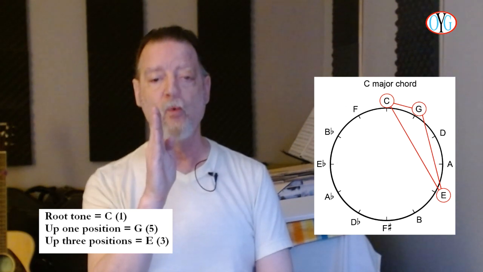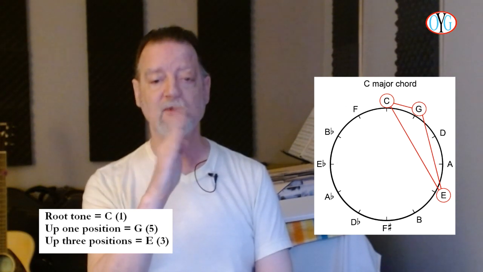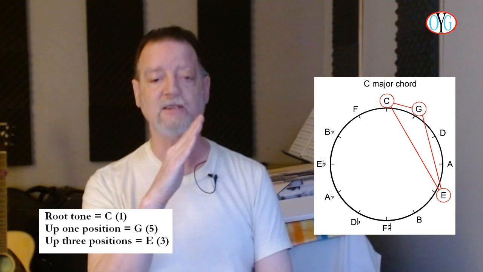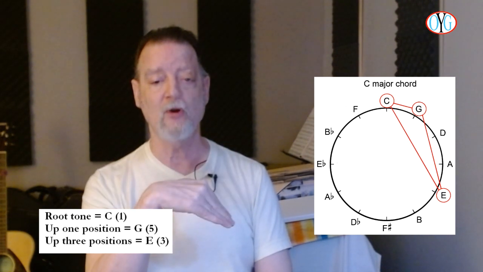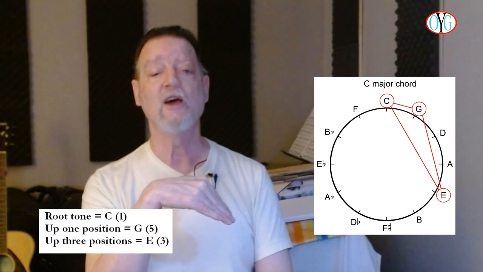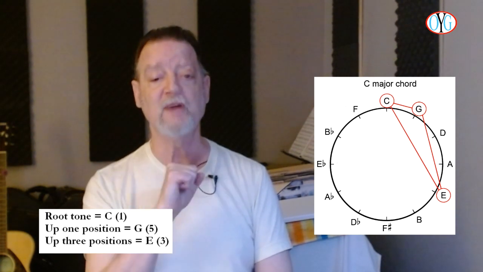You go up 1 position on the clock, to 1 o'clock in this case, to G. G is the 5 tone. Then you go through 2, 3, and stop at 4 o'clock, which is the E tone. E is the 3 tone of the C major scale.